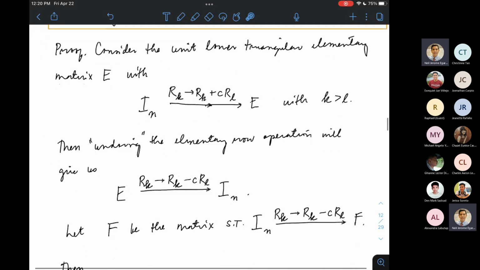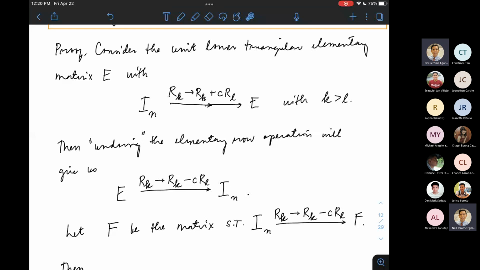Now, I wrote here a proof, okay, na dumadaan sa elementary row operations para magka-idea kayo in case gusto nyong i-prove yung 7.1 and 7.2. Alright? So, ngayon, magko-consider ako ng isang unit lower triangular elementary matrix. And basically, unit lower triangular elementary matrices are actually your row translators.